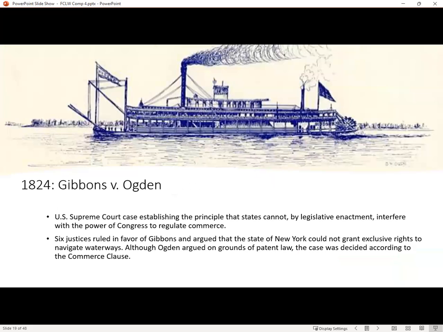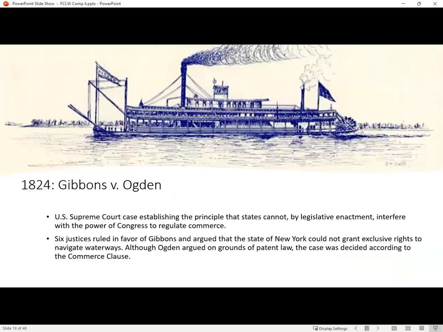And then we had Gibbons versus Ogden, and these were two people who had steamboats, and New York gave one steamboat operator complete rights to be in their harbor and use their waterway, but would not allow Gibbons to do it at all.